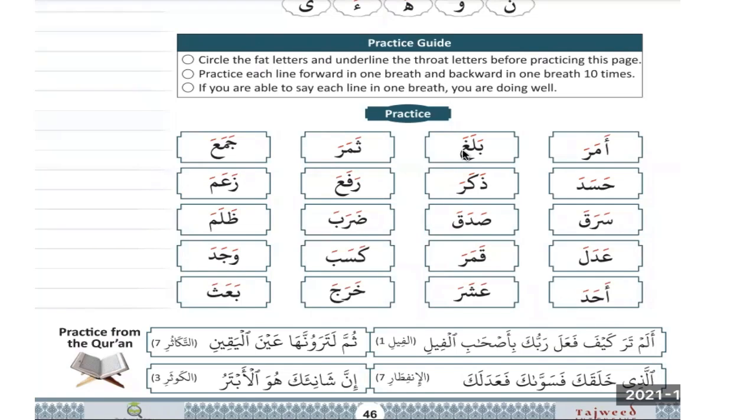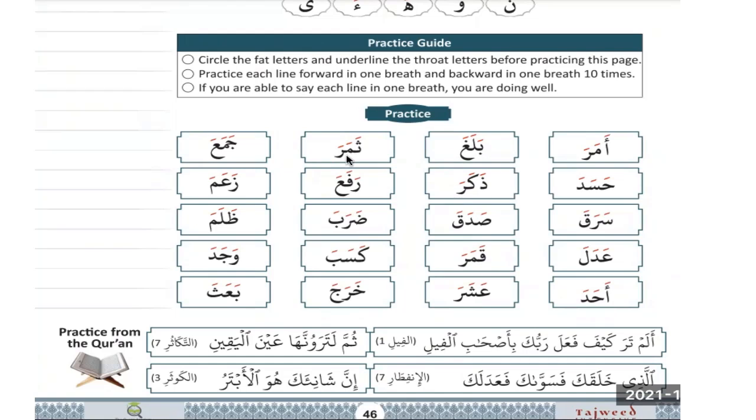We use our throat. And which part? The upper throat, the top of the throat. Gha, balagha, amara, balagha. Ba fatha ba, lam fatha la, ghain fatha gha, balagha.